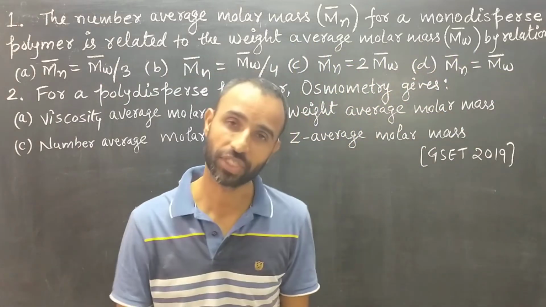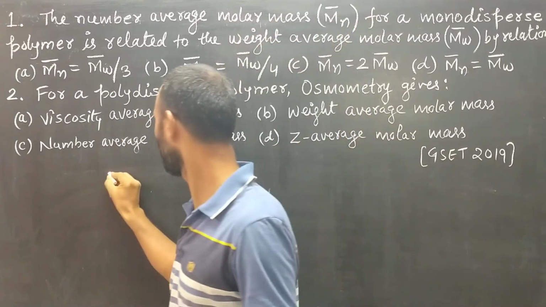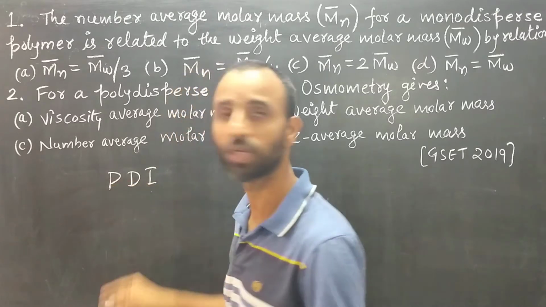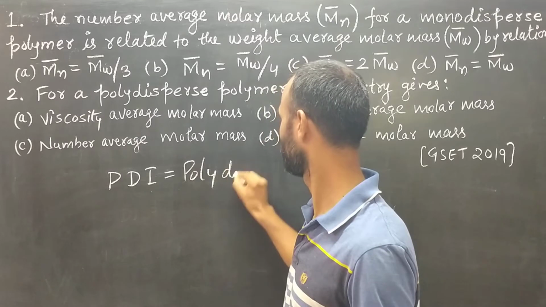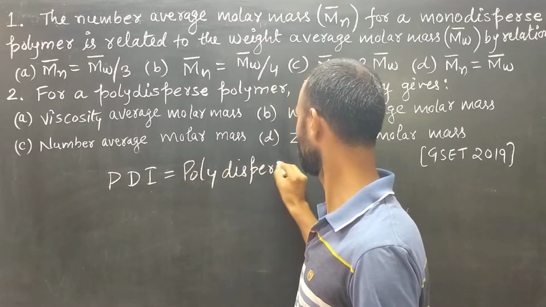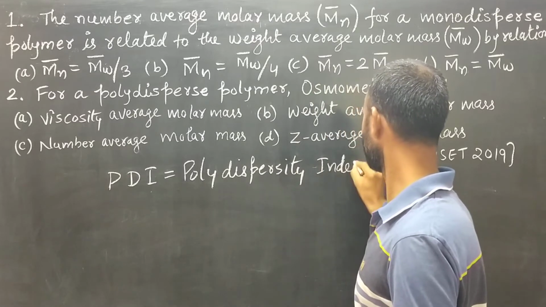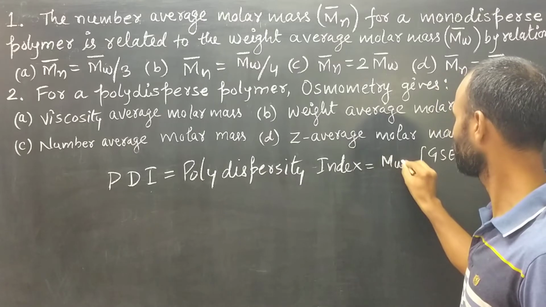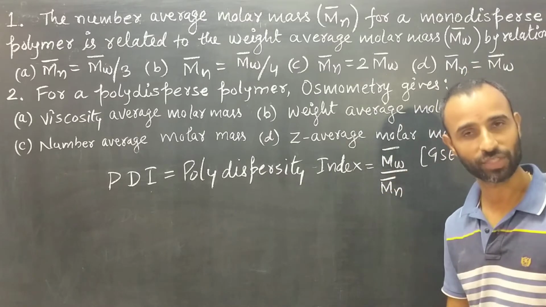mass by the relation. So it is related to dispersity. So actually this is polydispersity index, PDI, and this polydispersity index is equal to the weight average molar mass to the number average molar mass.